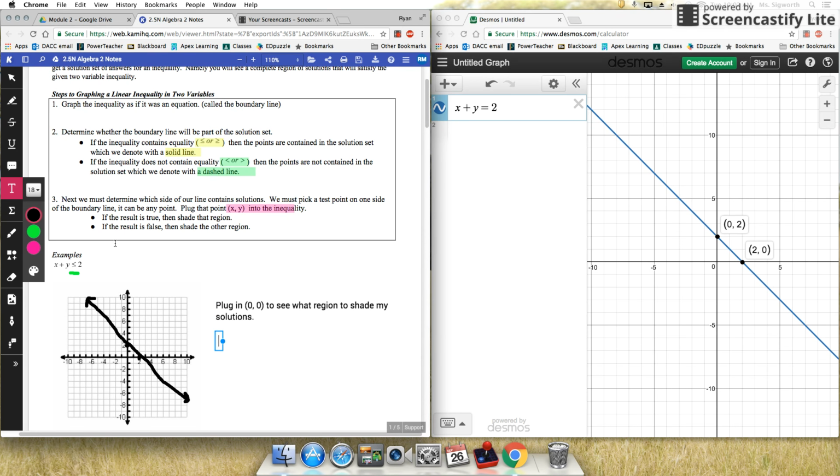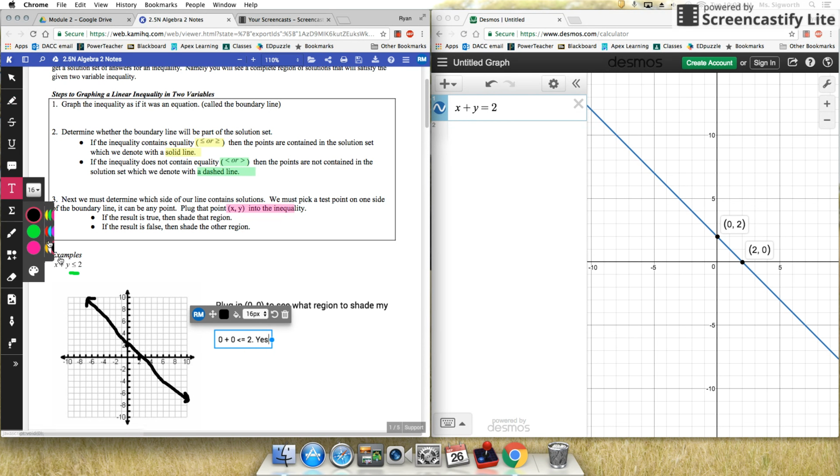So if I plug in 0, 0, x is 0 plus y is 0, and we need to do the less than or equal to. I'll just use less than or equal to. Is 0 plus 0 less than or equal to 2? Yes, this is true.